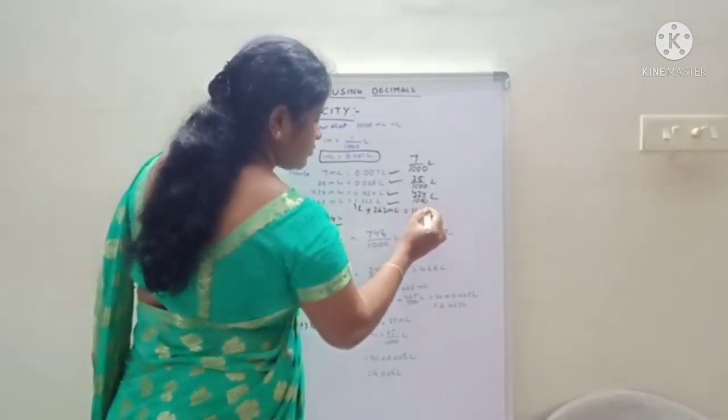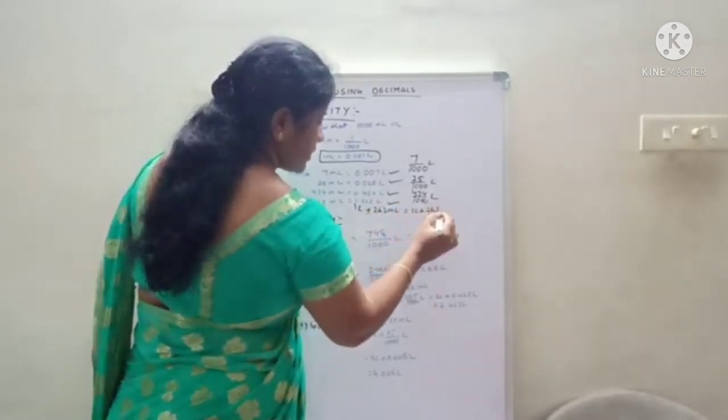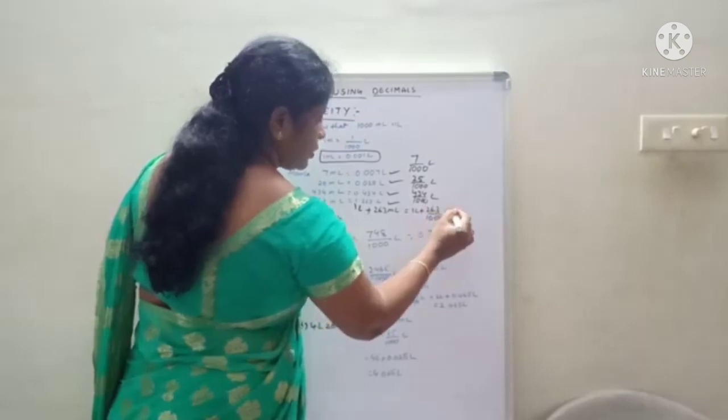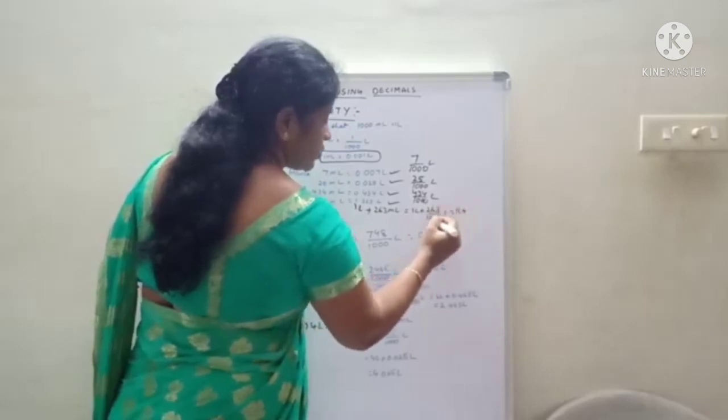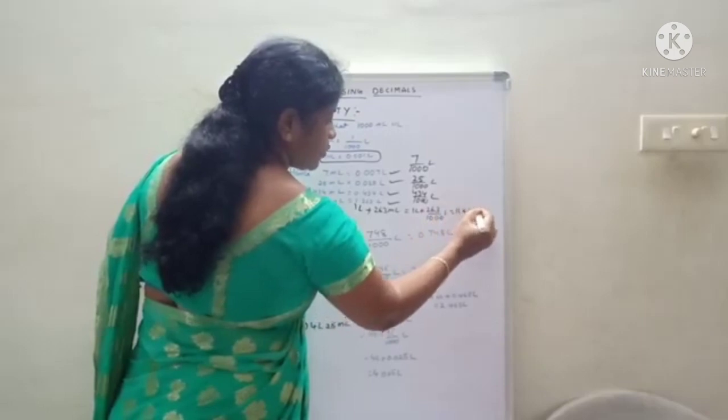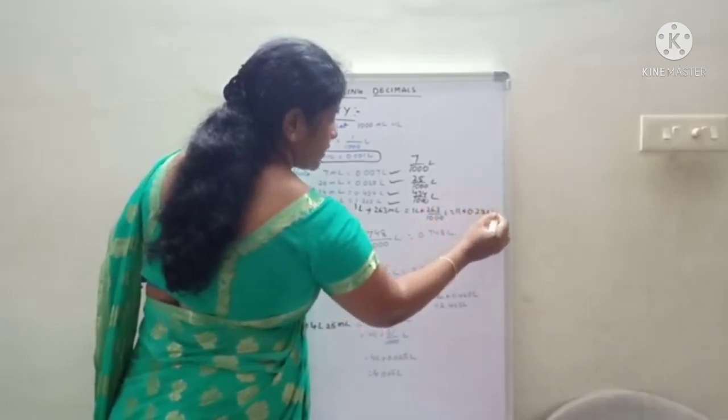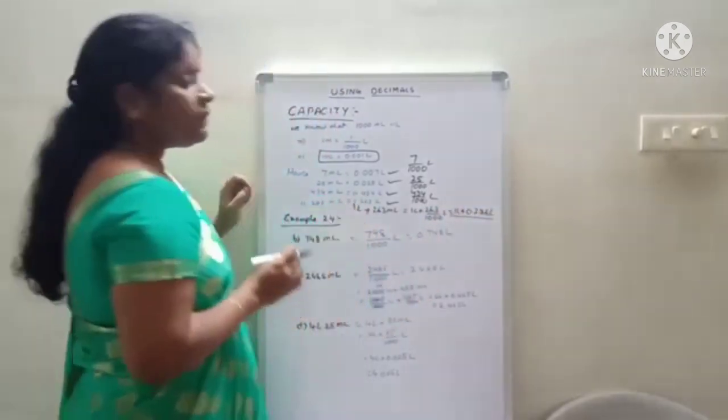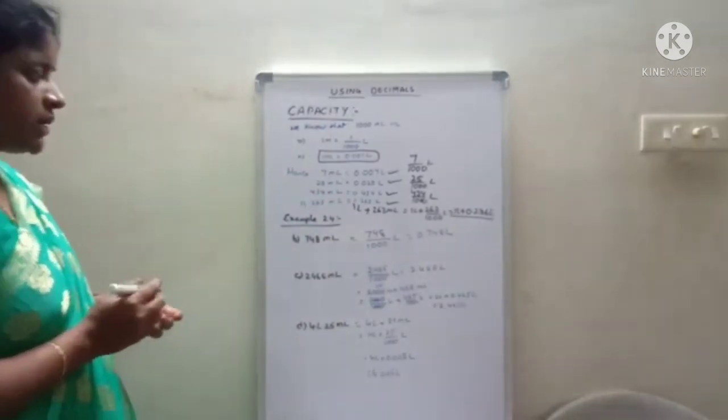In liters, that is 263 by 1000, which is 0.263 liter. If you add them, we get 1.263 liters.